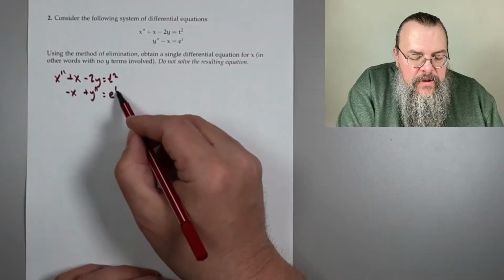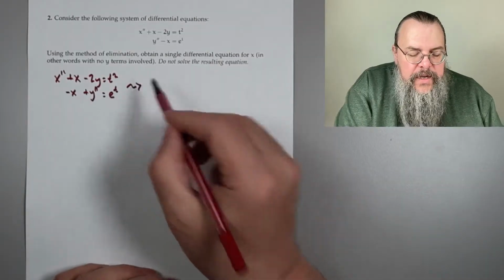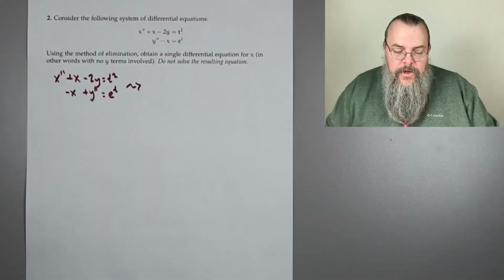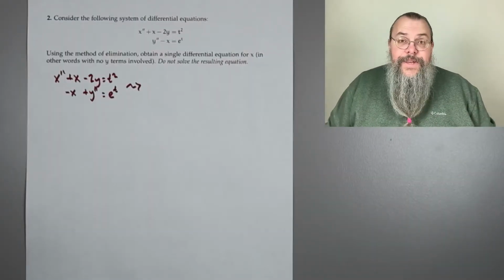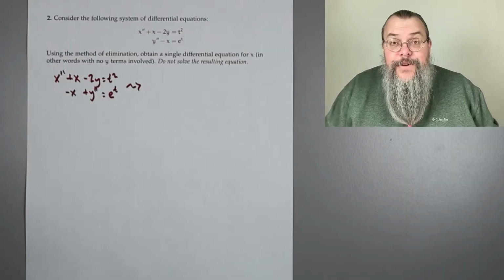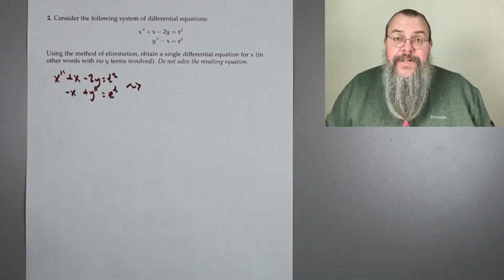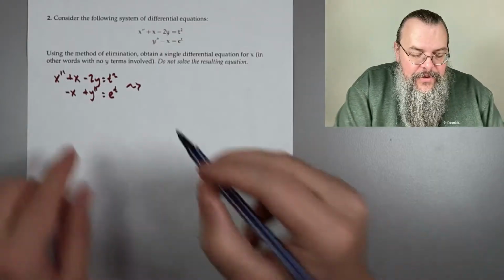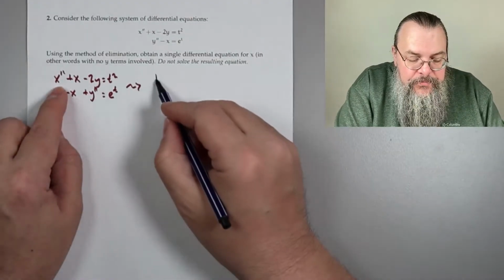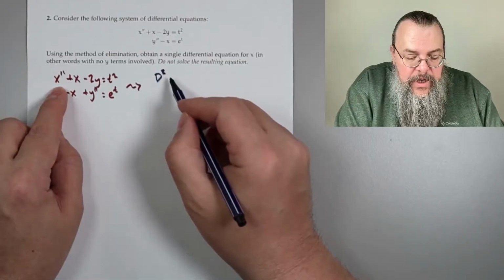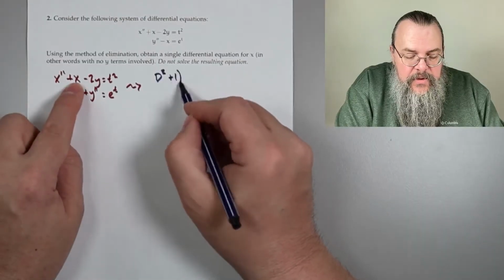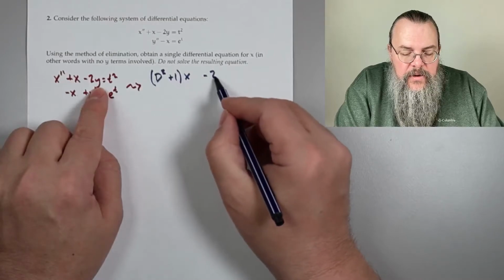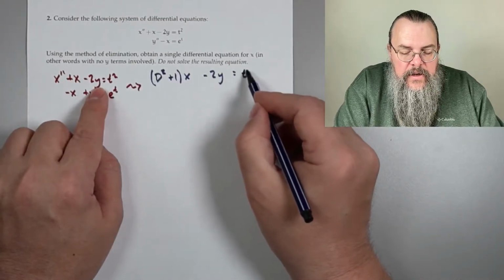All right. Now, we rewrite things with our D notation. Now, how does that work? Well, remember, what does D stand for? It stands for derivative. So every time you see a derivative, there's a D. So if you see two derivatives, two D's. So this x double prime is going to become a d squared. And then we see a plus 1. So d squared plus 1 x. And here there's nothing to do. All right, great.